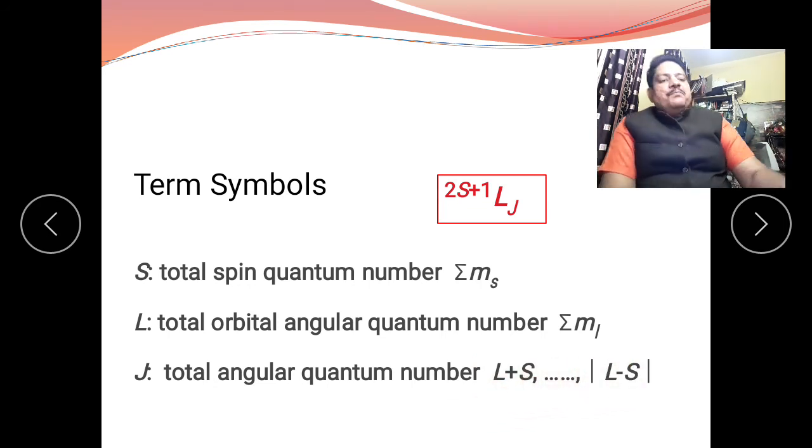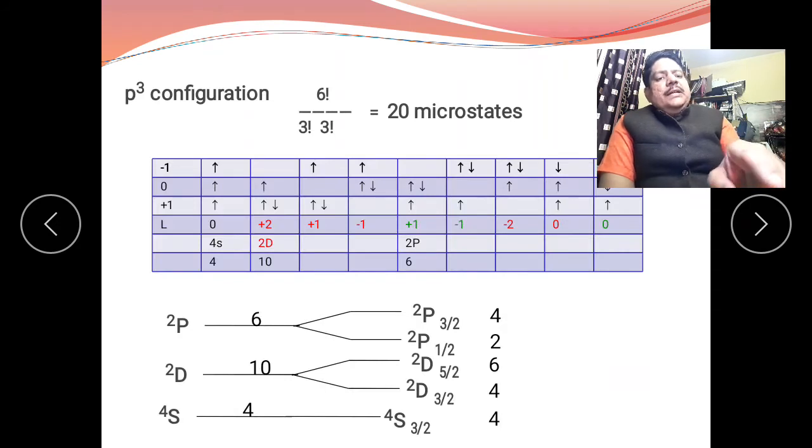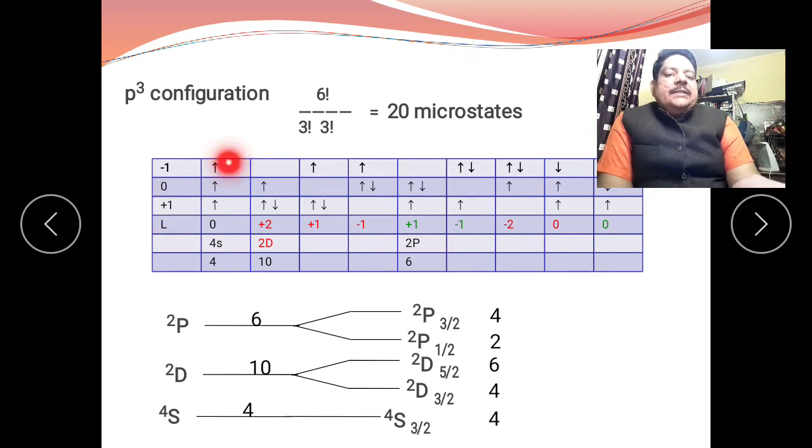For example, if we consider the p3 electronic configuration, we can calculate the total number of microstates in that configuration is 20 with the previous formula. Now this configuration may be seen here, that is there is +1, 0 and -1, and the electrons occupy these three orbitals.